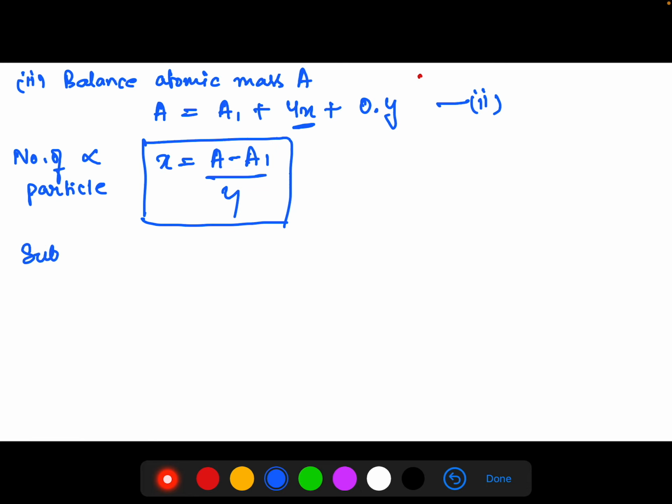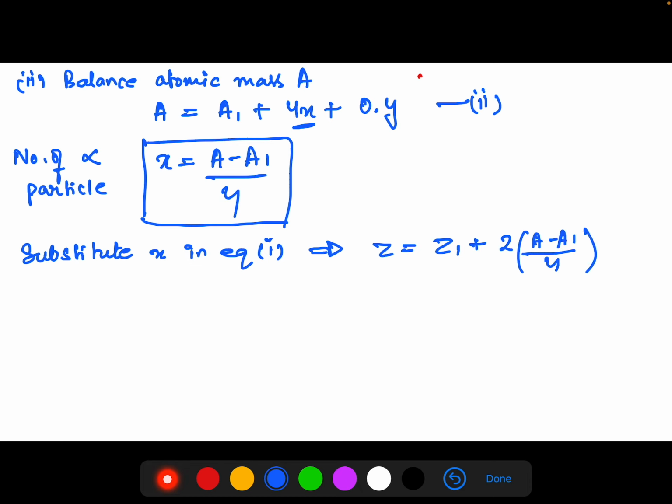If I substitute x in equation 1, I get Z is equal to Z1 plus 2 times (A minus A1) by 4, minus y.